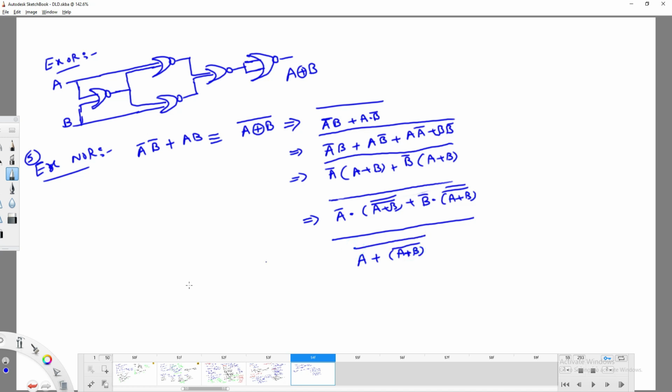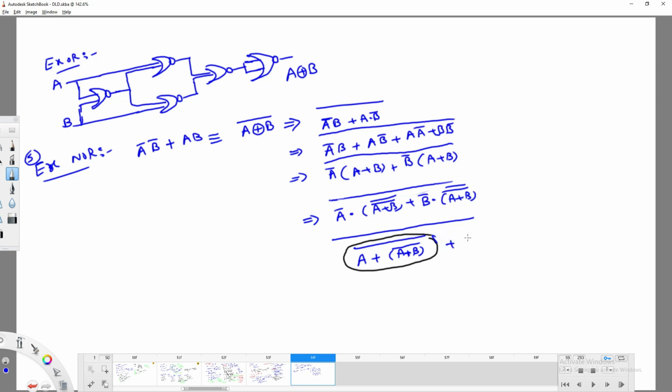If you apply the formula, right? If you try to remove this complement, you will get a complement dot a plus b whole complement. That's why I have written the syntax like this.